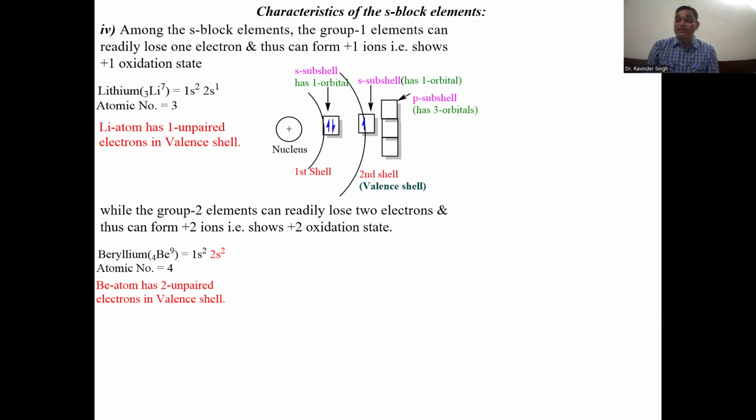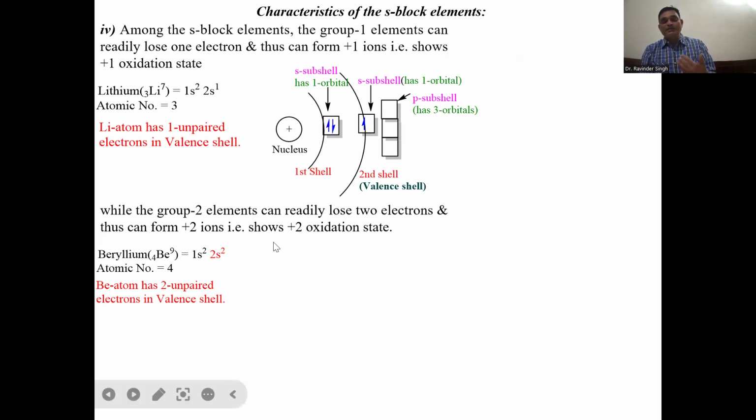In examination, the examiner can ask why group 1 elements show the +1 oxidation state. So you will simply write that in group 1 elements, there is only 1 electron in their valence shell which can be lost easily, and after losing that 1 electron, they acquire the group 18 like configuration. So they can show the +1 oxidation state.